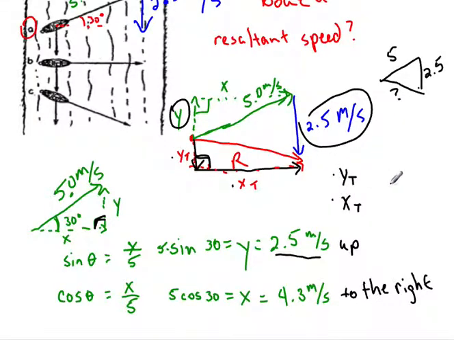In the y, my motorboat's pushing up 2.5, and the current is pushing down on the boat 2.5. So that's a negative. If up is positive, then down has to be negative. So in the y direction, we're going 0 meters per second. In the x, our movement is coming from the x component of the motorboat, and we found that to be 4.3 meters per second.